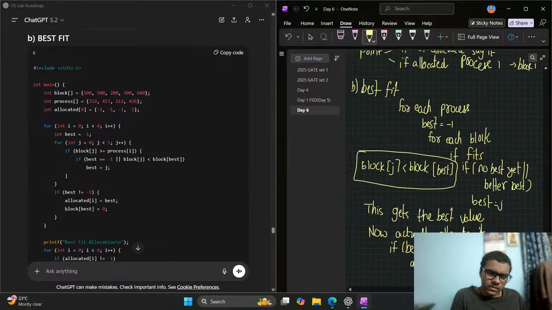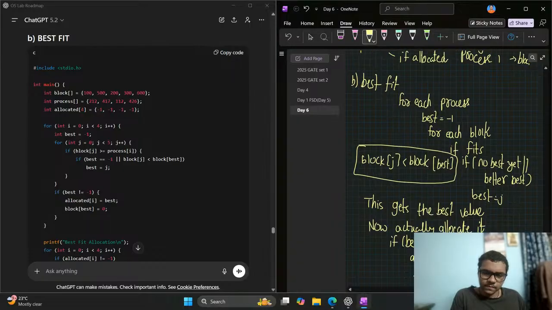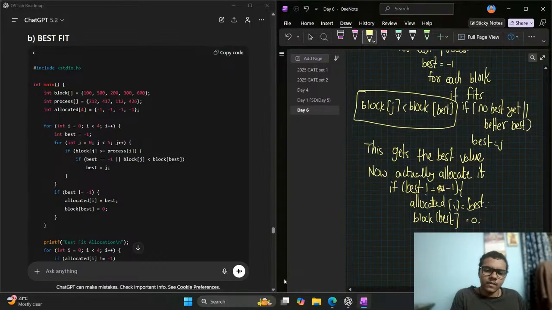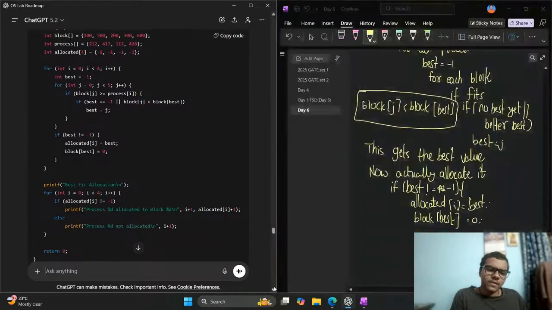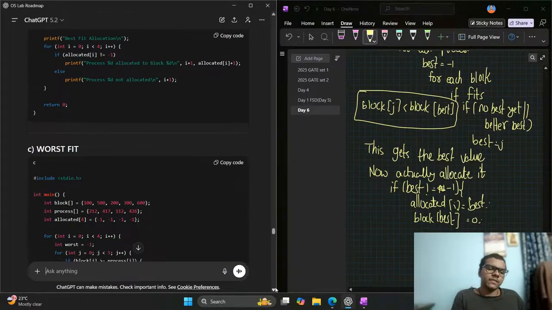Block of best is equal to 0. Yeah, when you are coding, you will get the idea.